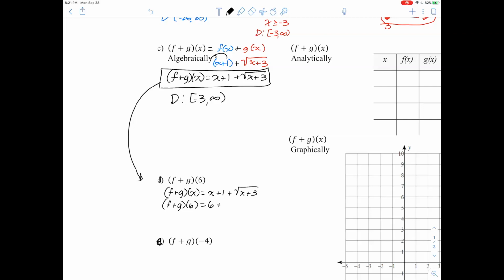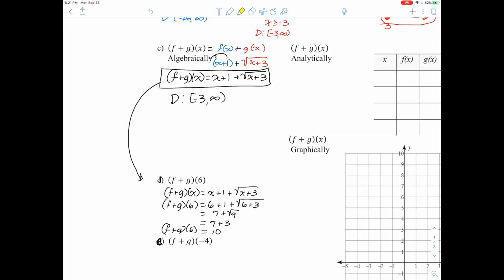So that would be 6 plus 1 plus the square root of 6 plus 3. And then, of course, we would simplify that to 7 plus the square root of 9, which is 7 plus 3. So our final solution would be 10. So the f plus g of 6 is 10.